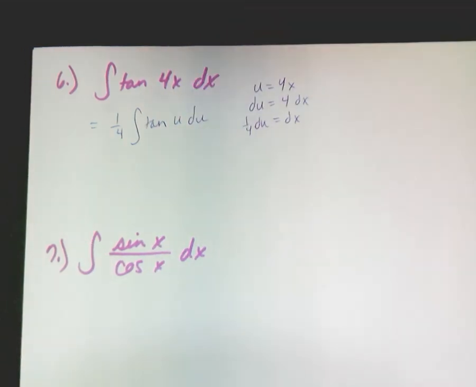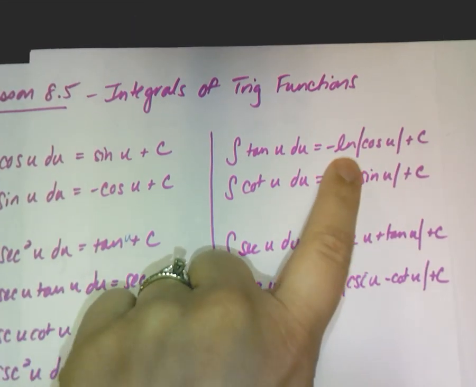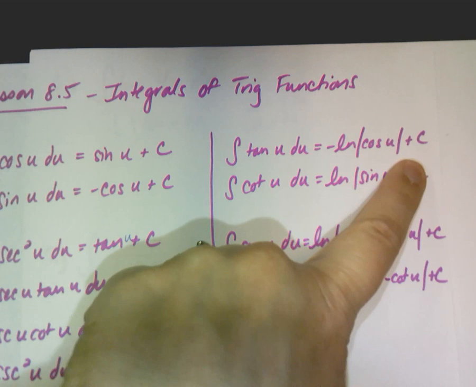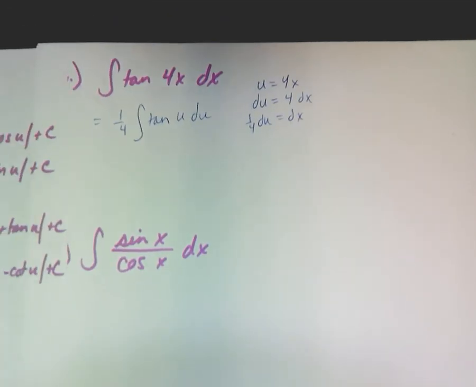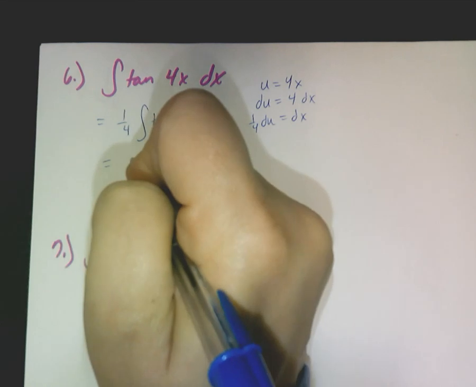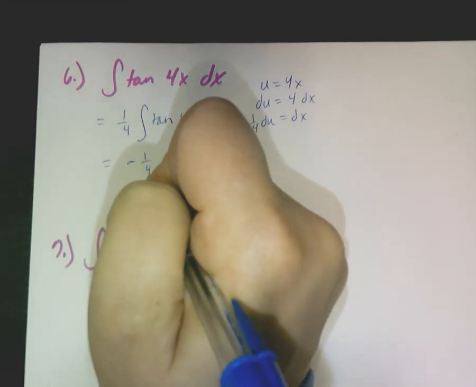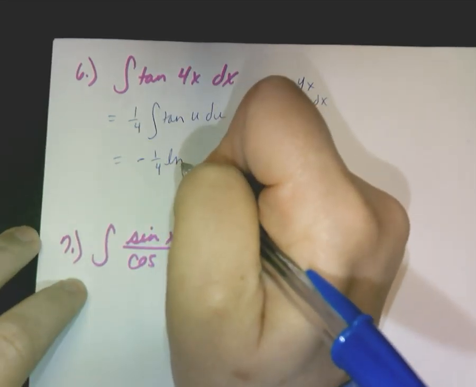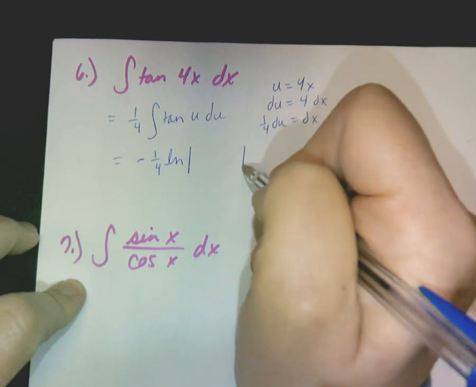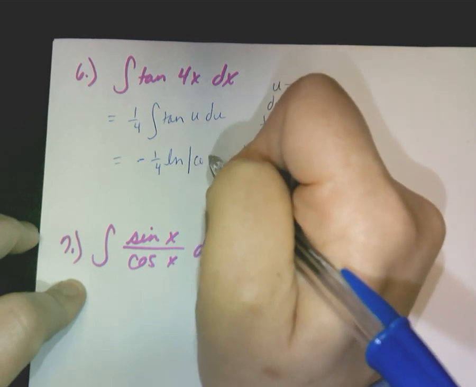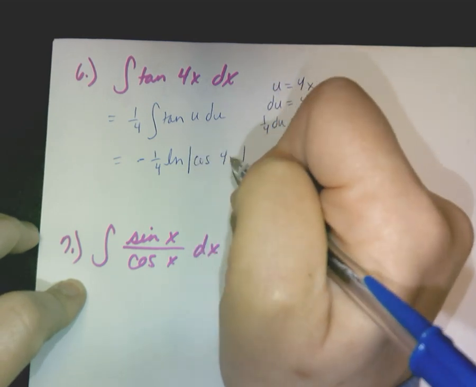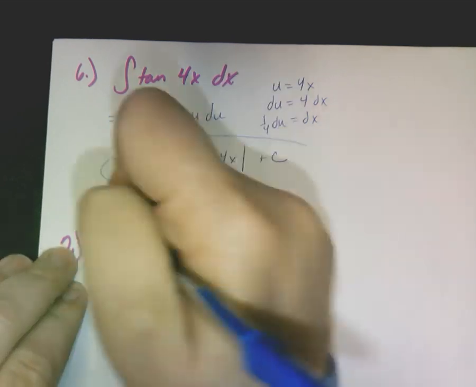And then integrate tan, the integral of tan is negative ln absolute value of cosine u plus c. Okay, so how do I write that? So it'd be negative 1/4 ln the absolute value of cosine u. What's my u? 4x and then plus c.